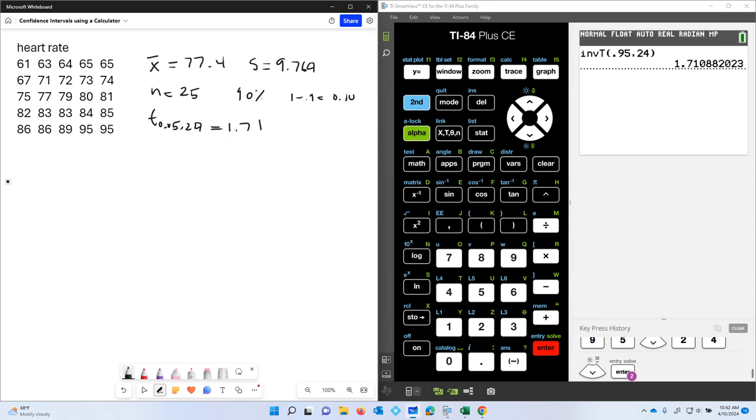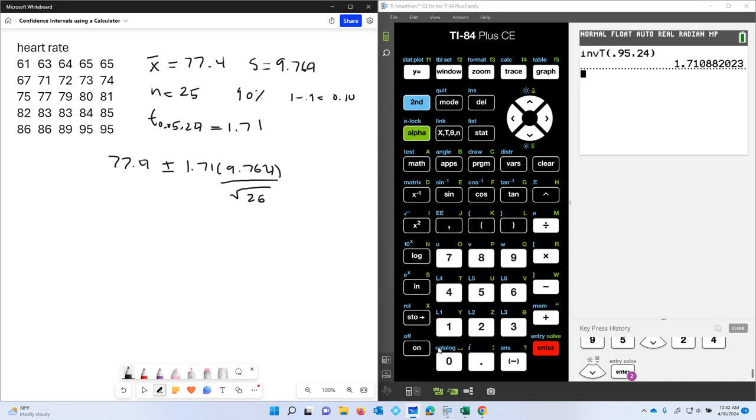So this means that we have 77.4 plus or minus 1.71 multiplied by 9.764. Oh, actually that was a 4, I'm sorry. All of this is divided by the square root of 25.